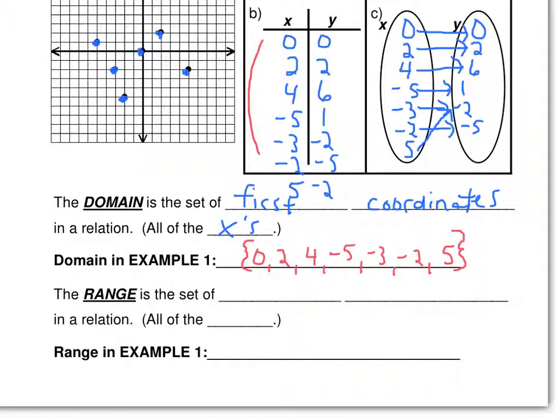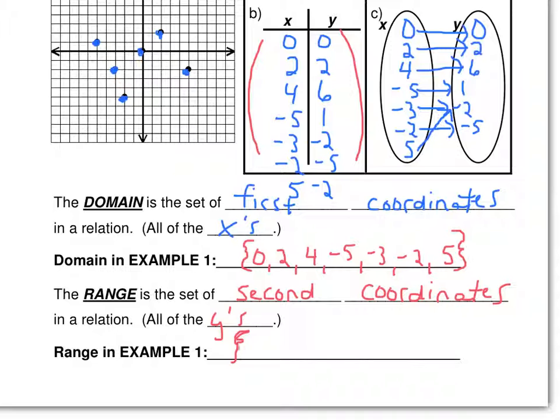Okay, then the range is going to be the set of your second coordinates, which is your y's. So the set of your second coordinates is your range, and that would be all of your y values. The range in example 1, again, we're just going to list all of the y's.